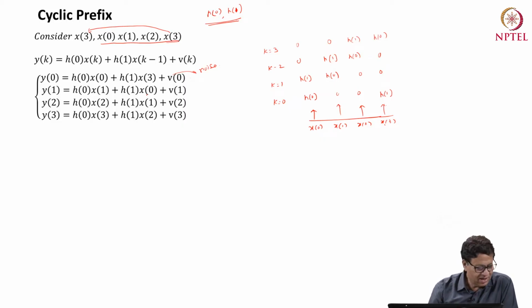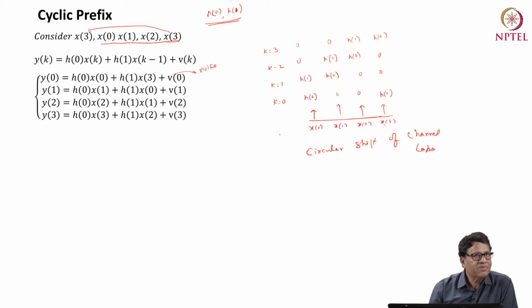And if you see here, there is a circular shift of channel taps. It is actually h1, 0, h1, 0. You can see that trend happening, a circular shift.